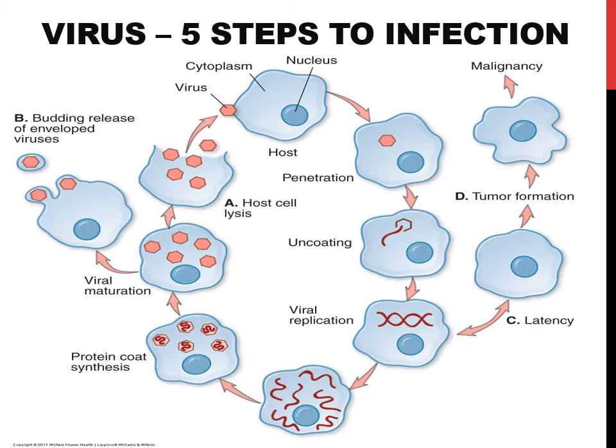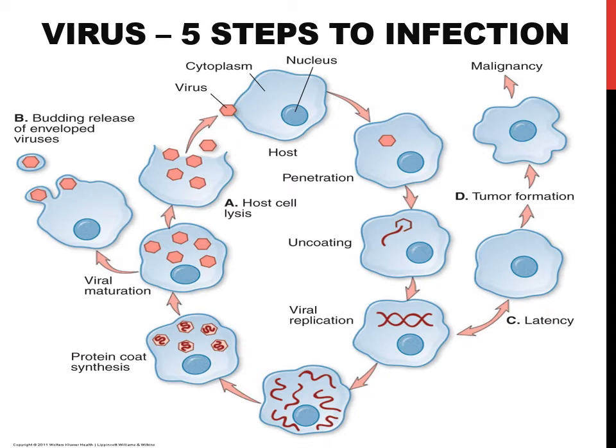So you can see that some viruses not only remain latent and become active later on, such as chickenpox or the herpes virus, but some viruses can also lead to cancers.